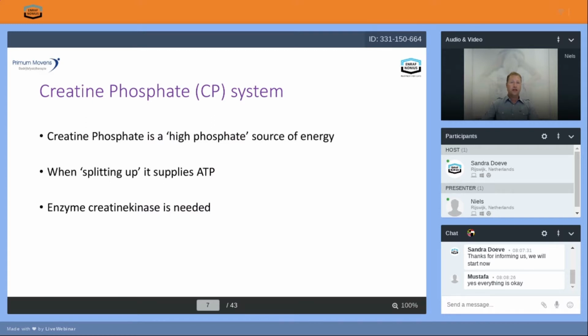The second system that becomes active in the movement is the creatine phosphate system. It is a high phosphate source of energy. When it splits up, it supplies the ATP that is necessary for energy, and an enzyme, creatine kinase, is needed to split it up and to free those high energy phosphates.